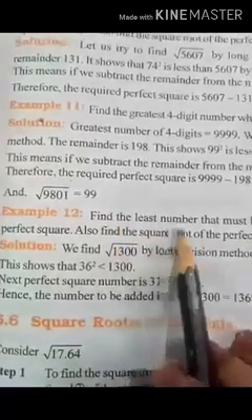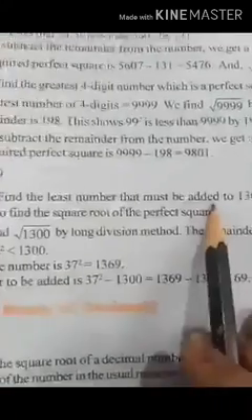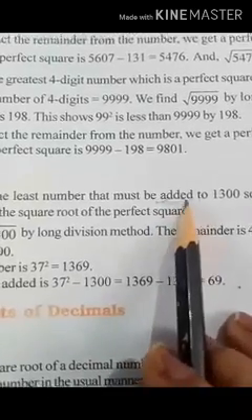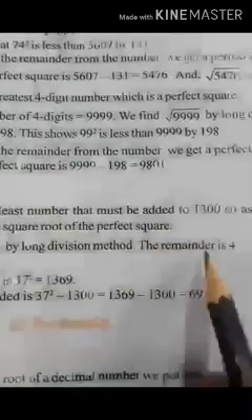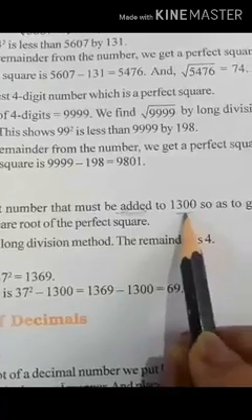Let's see one more example. Example 12. Find the least number that must be added. Just now what we discussed was which number is to be subtracted. Now which number should be added to 1300 to make it a perfect square? 1300 is not a perfect square. So let's see what to do. Here also we need to use the division method. We'll find the square root of 1300 by division method.